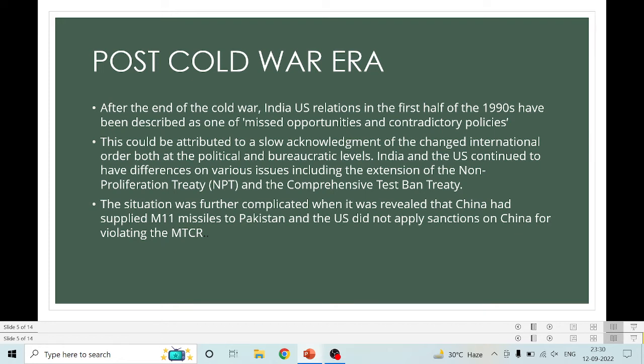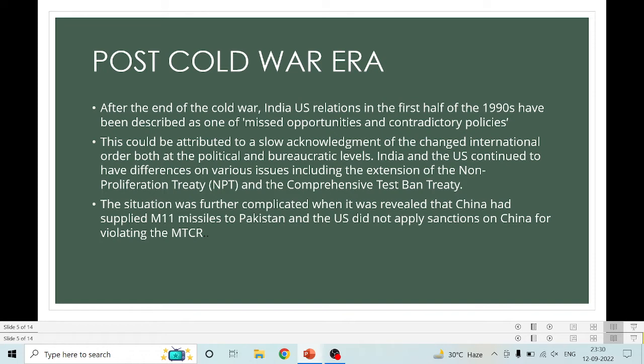Then the post Cold War era. Cold War was some kind of blockage for having ties which were spread throughout the world, because the world was divided into blocks.